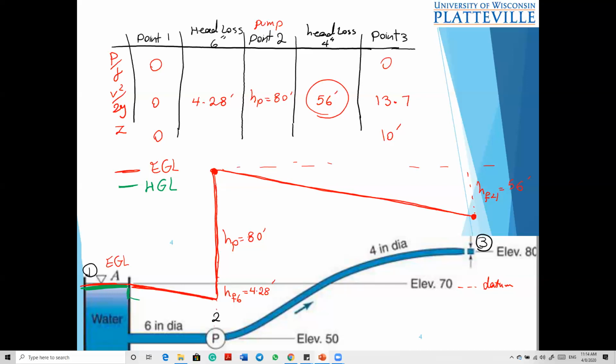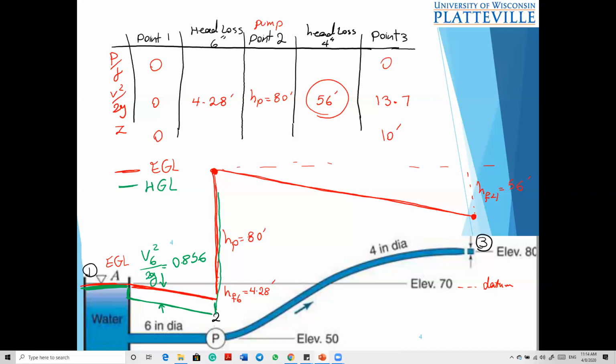So I go down, and it's not to scale, but we know we have a drop, which is the velocity in the 6-inch pipe squared over 2g, which is 0.856.